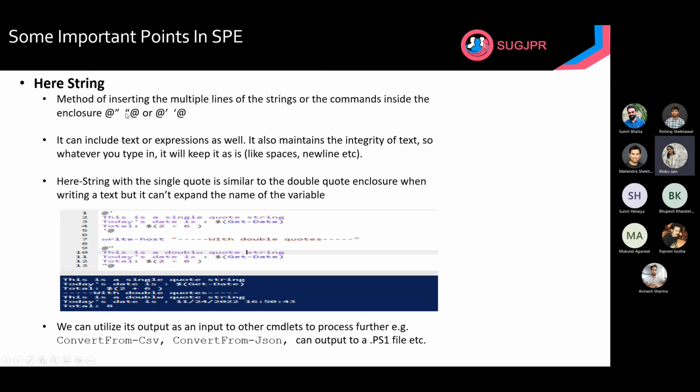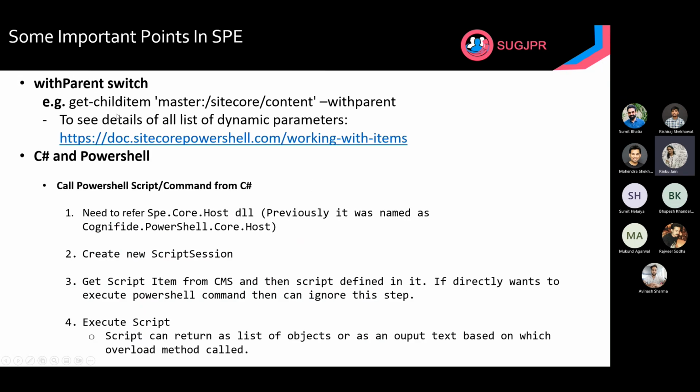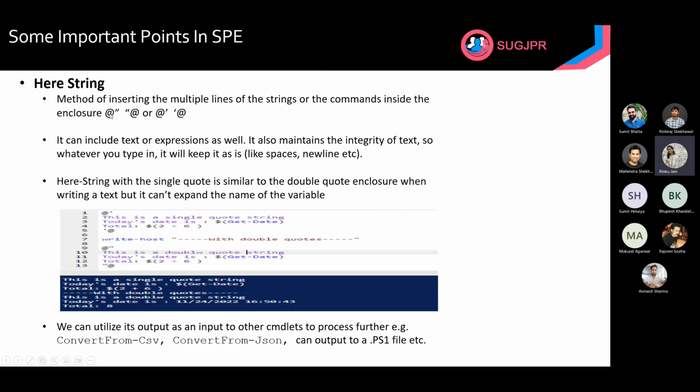So this is the enclosure. The text should be there in between these two symbols. But these two don't have the same meaning. If things are in double quotes or in single quotes, they have a different purpose.